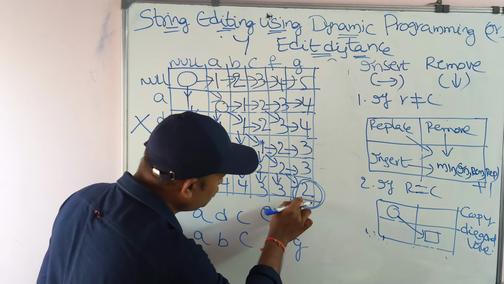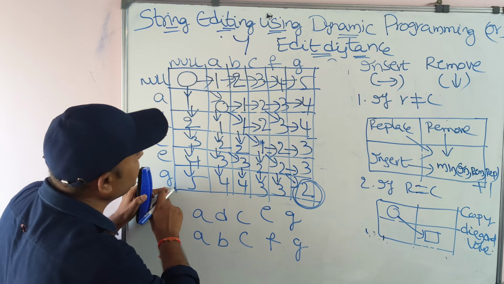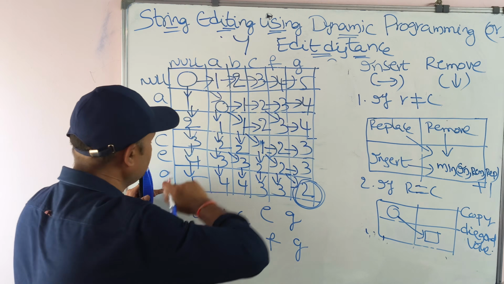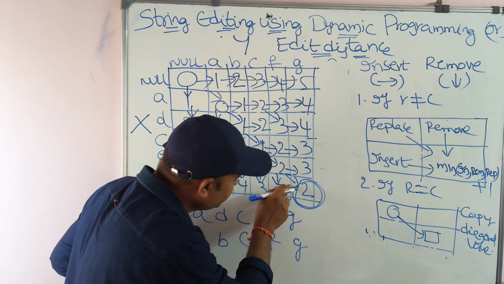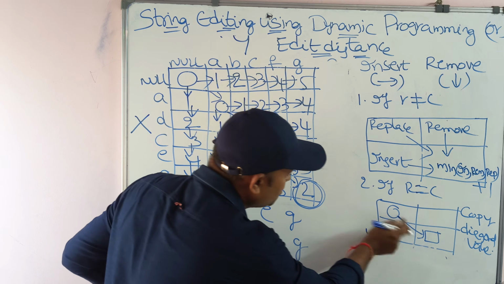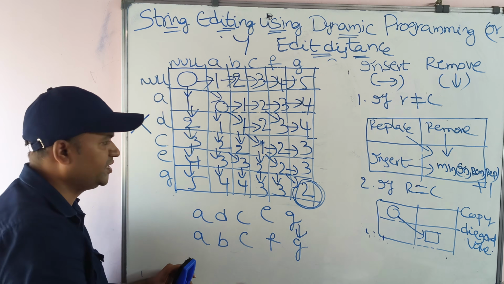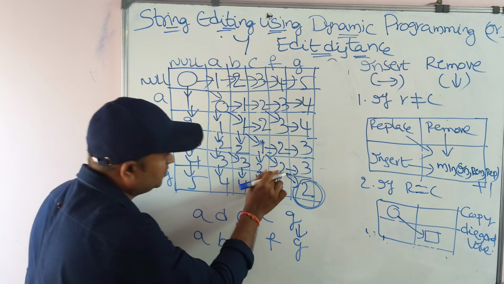So here we got 2. This 2 represents the G character row as well as the G character column. So both characters, row and column, are the same. If row and column are the same, then this diagonal represents copy operation. So simply copy this G. Next, this arrow is coming from these 2.